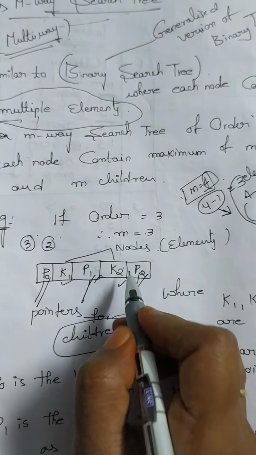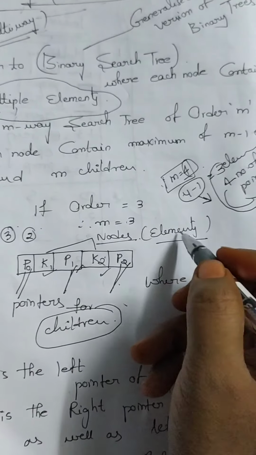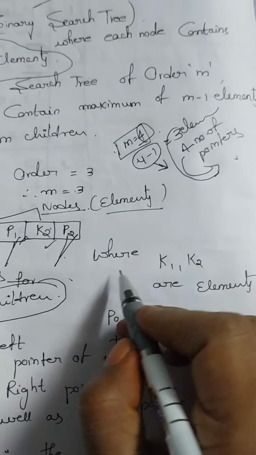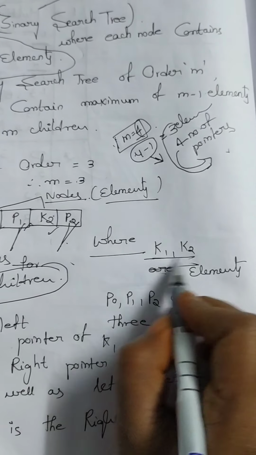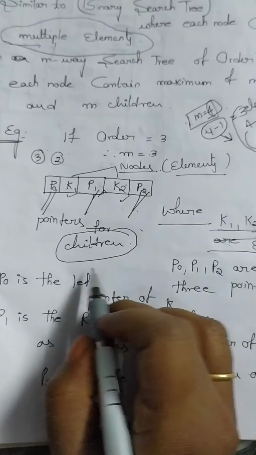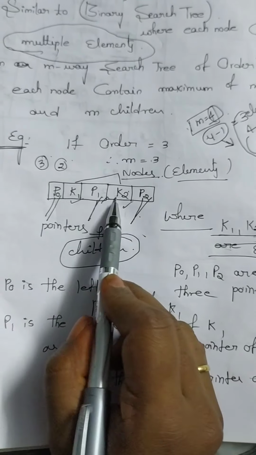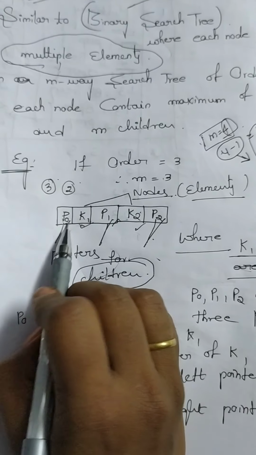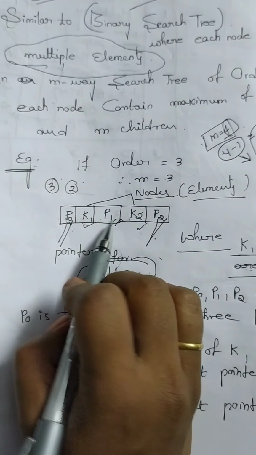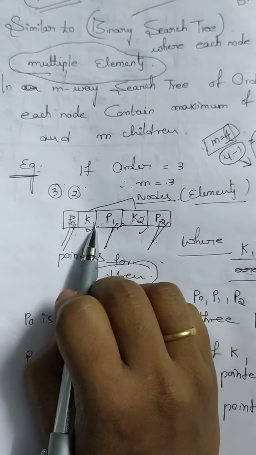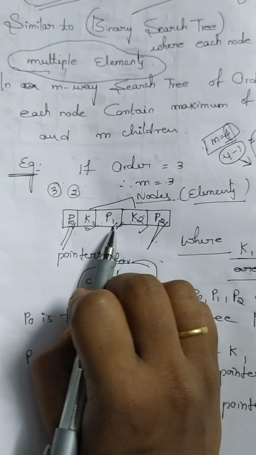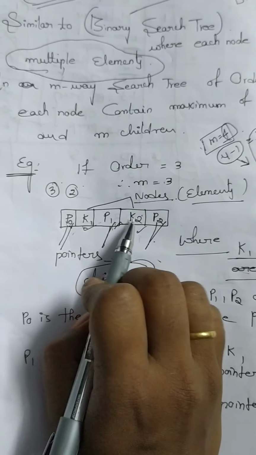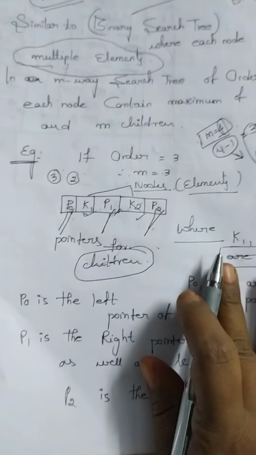K1 and K2 are the keys, or elements, and P0, P1 and P2 are the pointers for the children. P0 is the left pointer of K1, P1 is the right pointer of K1 and also the left pointer of K2, and P2 is the right pointer of K2.